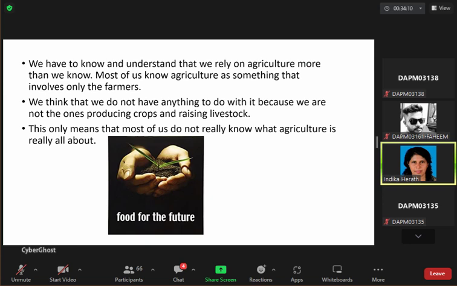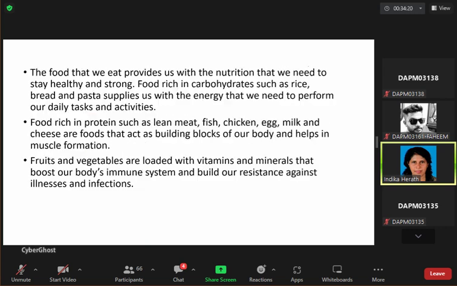actually sometimes do not know what agriculture means, because many people think that it's only about growing a plant and getting yield, right? And when we come to the food that we eat, the nutrients that are needed for us are provided by the food that we eat, right?